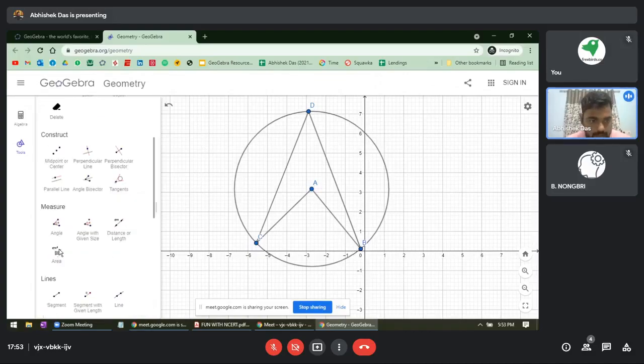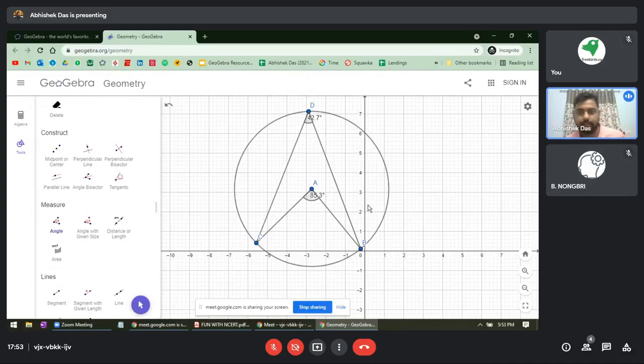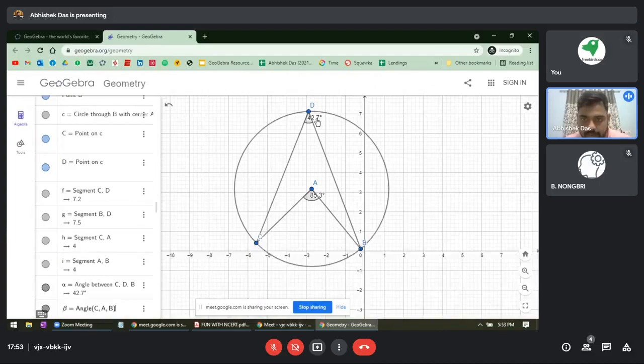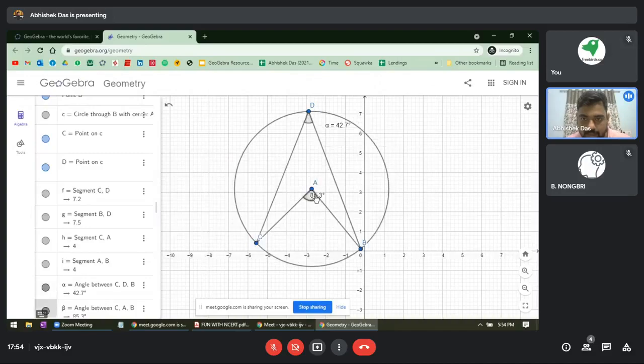Now, let me check the angle out here. Angle CDB is 42.7. And angle CAB is 85.3. Right? Let me check what is the name of this angle given. It is again alpha, and this 85.3 is labeled beta.